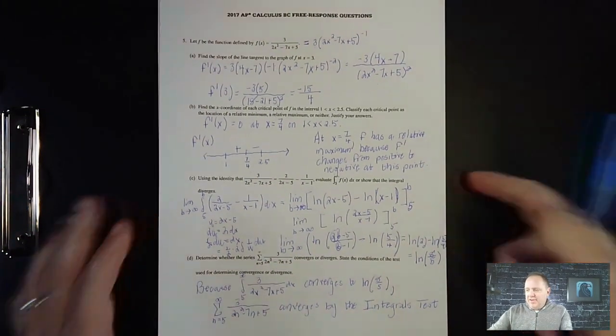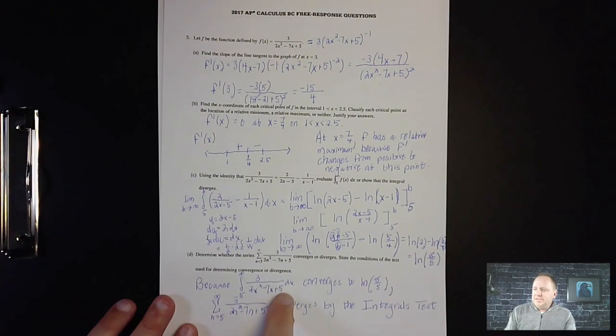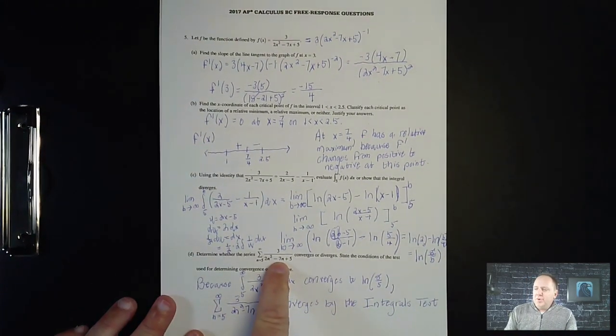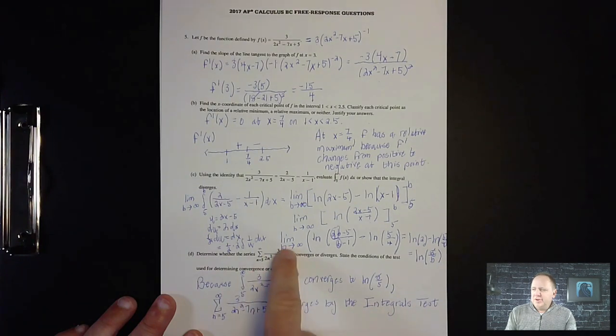So now the other route you could have taken was you could have done a comparable to 1 over n squared. You know 1 over n squared from 5 to infinity is going to converge. So then you would do a comparison test, which would be inconclusive.